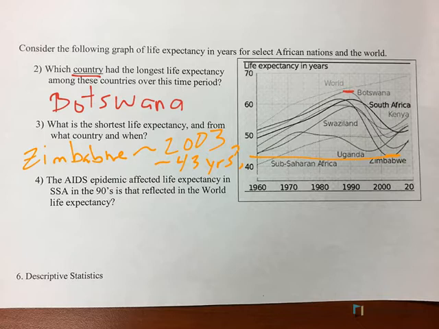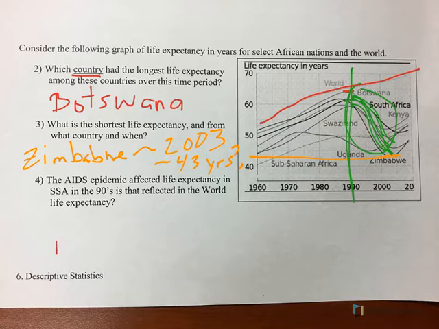That's the life expectancy. And in number 4, the AIDS epidemic affected life expectancy in Sub-Saharan Africa in the 90s. Okay, so if you look at it, here's 1990. Look at all of these African countries, their life expectancies plummeted at that point in time. Is that reflected in the world? Well, again, here's the world line. And not really.